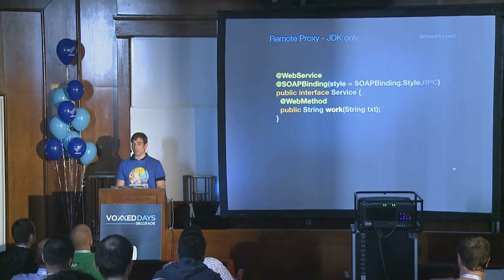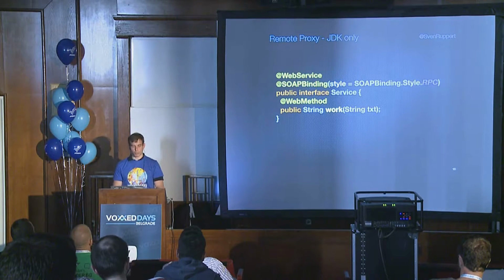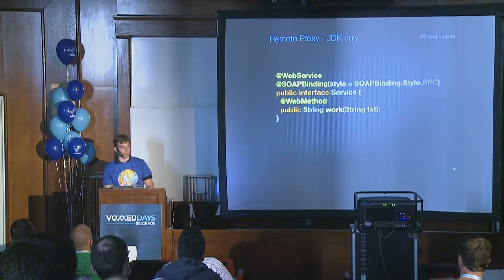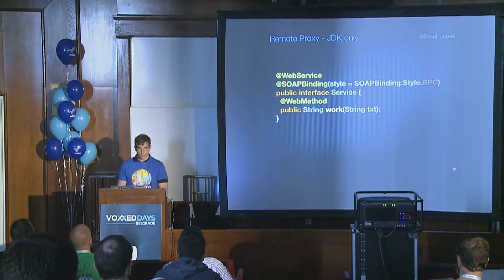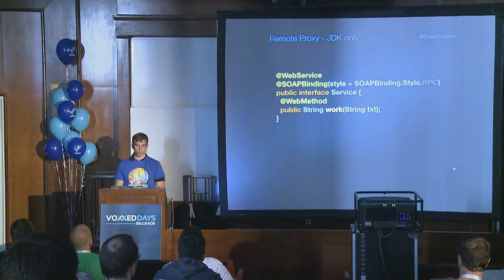But if you're combining proxies later, as I will show, you have to keep in mind that sometimes you have more or less the same interface, but sometimes with technical information, sometimes without. So it makes no sense, for example, to put this @WebService everywhere in the main interface, because maybe you want to write sometimes a SOAP remote service. So you have to think about how you can do it.